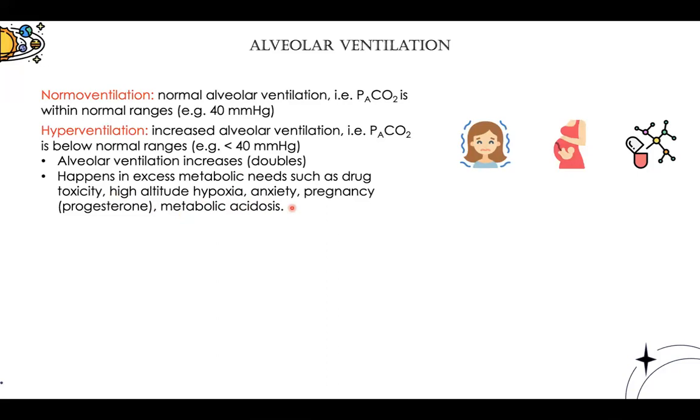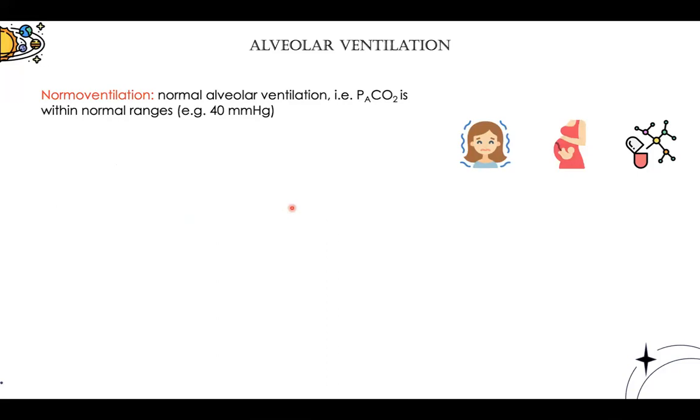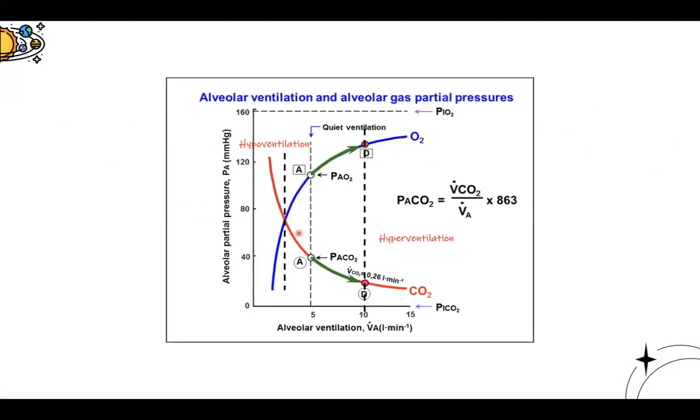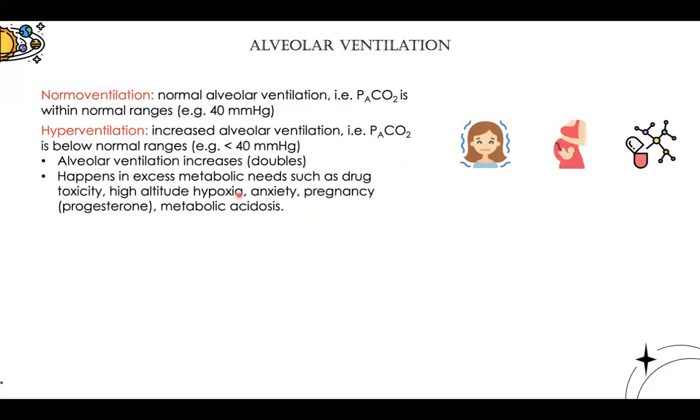As I showed on this graph, hyperventilation increases your alveolar oxygen partial pressure. So at high altitudes you hyperventilate to get enough oxygen into your body, and because of that hyperventilation, your PaCO2 decreases.